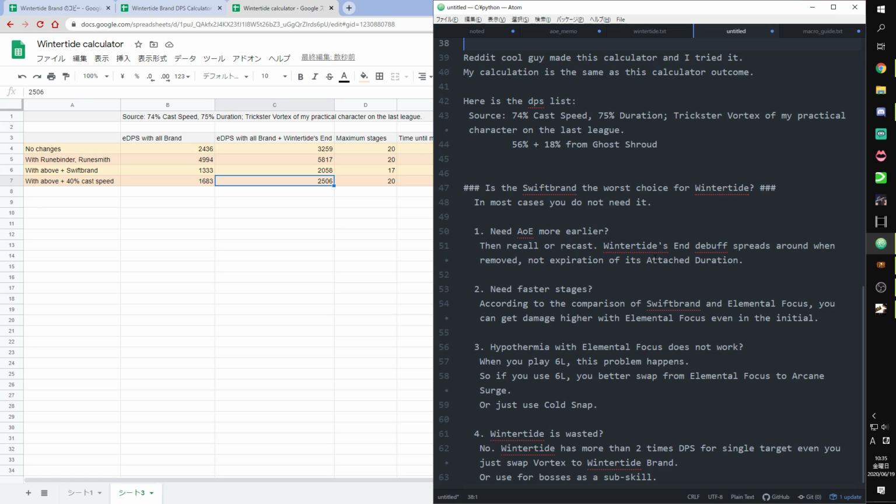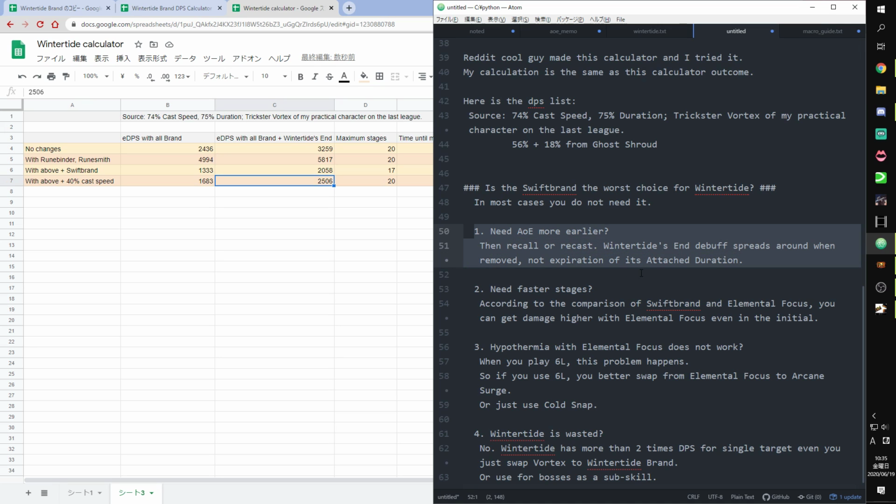So initially, from 0 seconds to 0.2 seconds, it is higher than normal Wintertide, but no, it's not. In most cases, in my opinion, you don't need it.